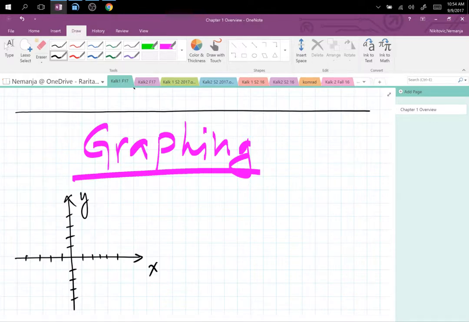This is the standard, and all of these numbers exist in between, to positive infinity, negatives to negative infinity, and so on.